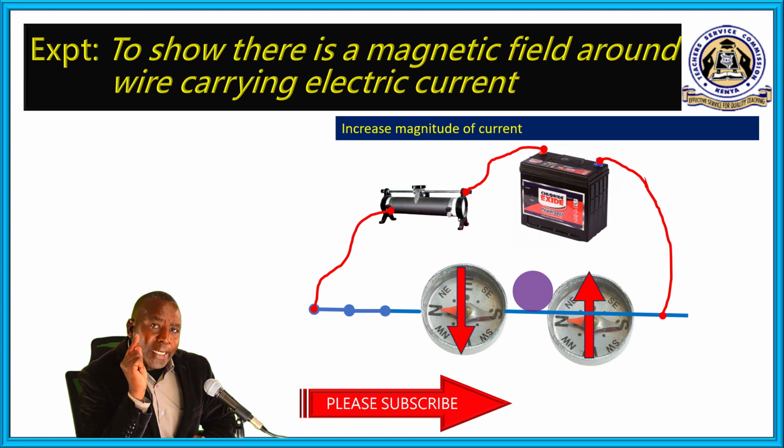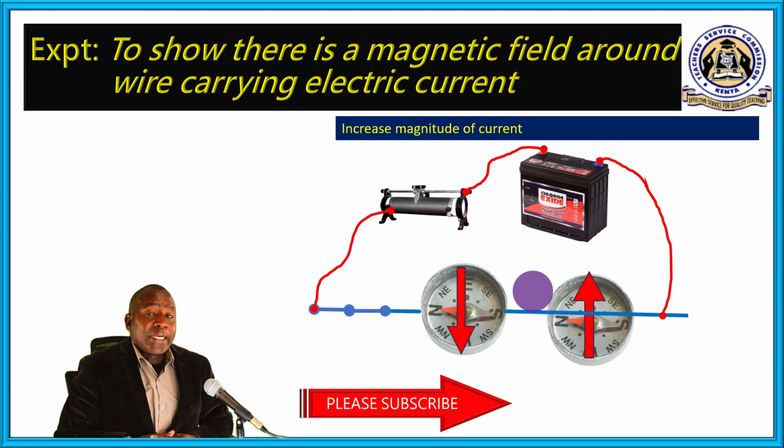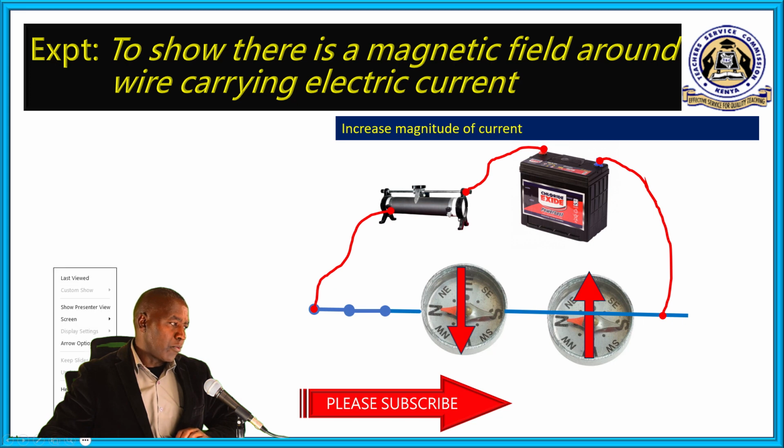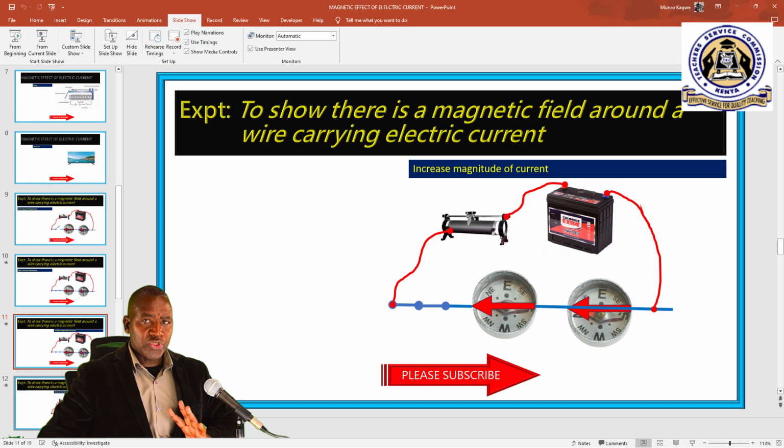The other thing I'd like you to observe is that the magnetic needle always points in the direction of the magnetic field lines. What is a magnetic field? Perhaps at this particular point, I want to pause this slide and we move over to some questions.